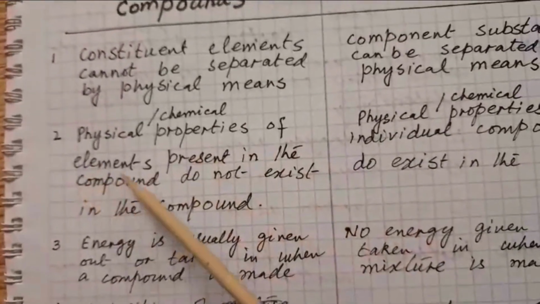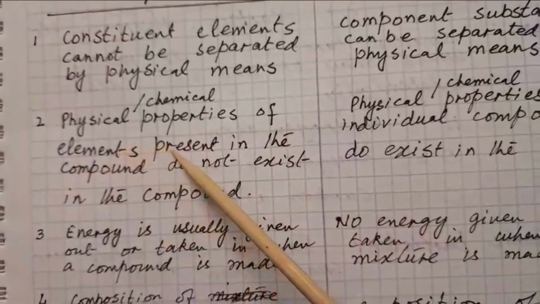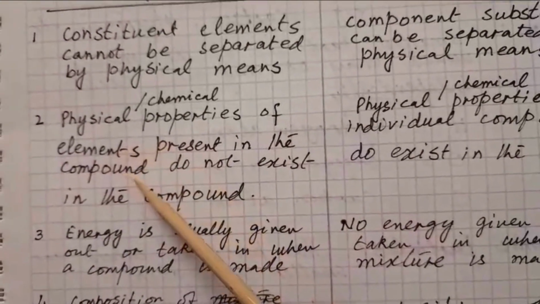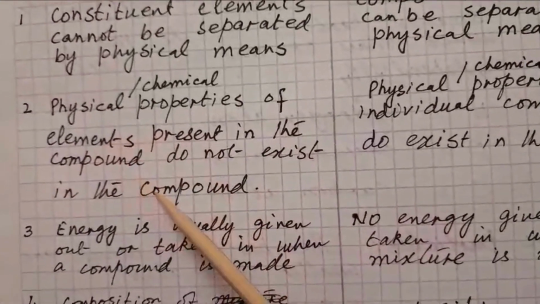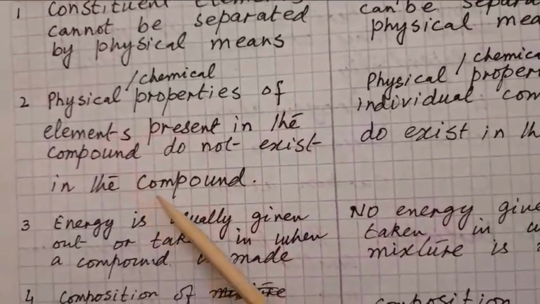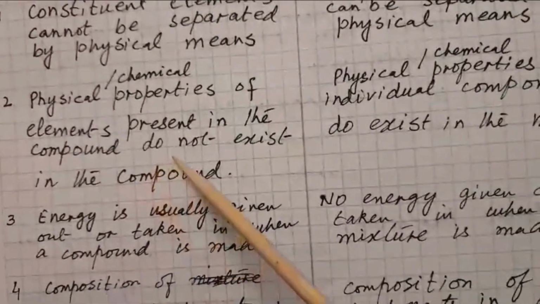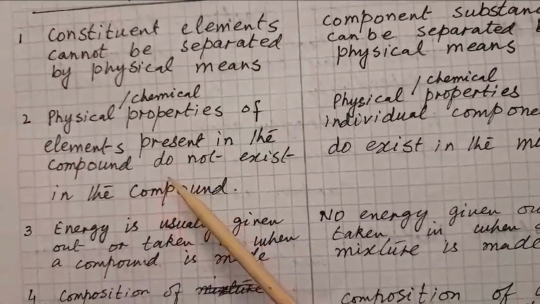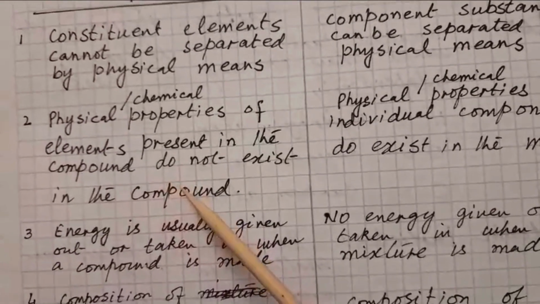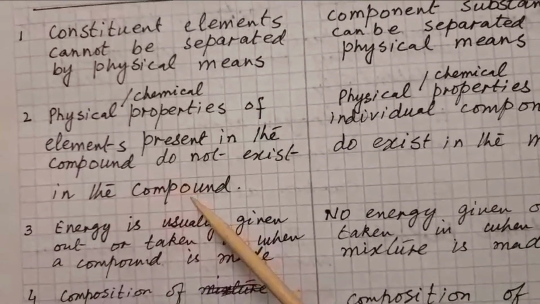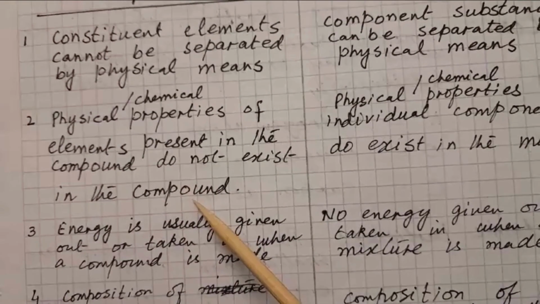Second point is the physical and chemical properties of the elements present in the compounds do not exist in the compound. A very good example is sodium chloride. Sodium chloride is made up of two elements, sodium and chlorine.